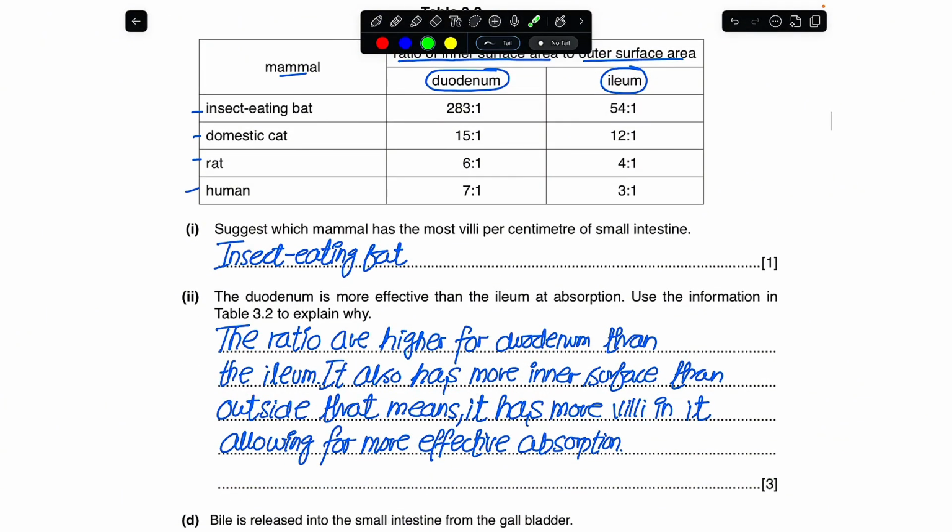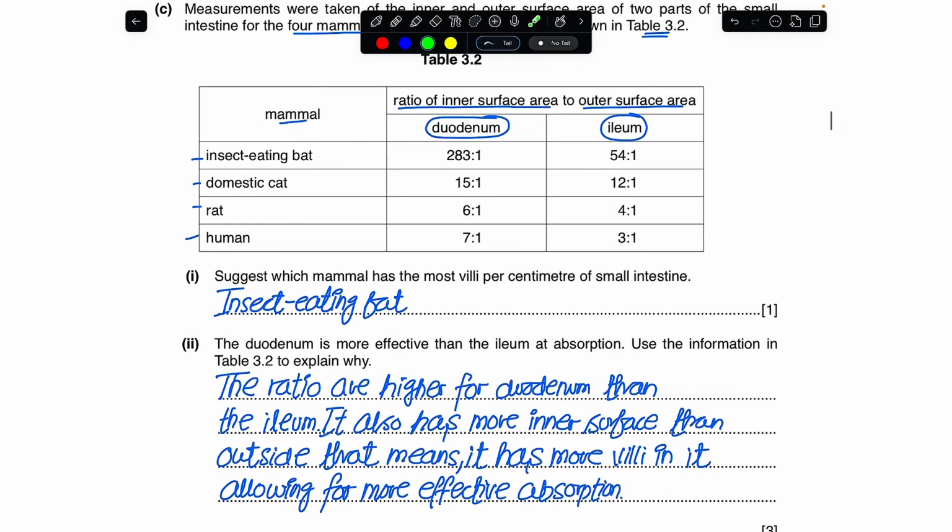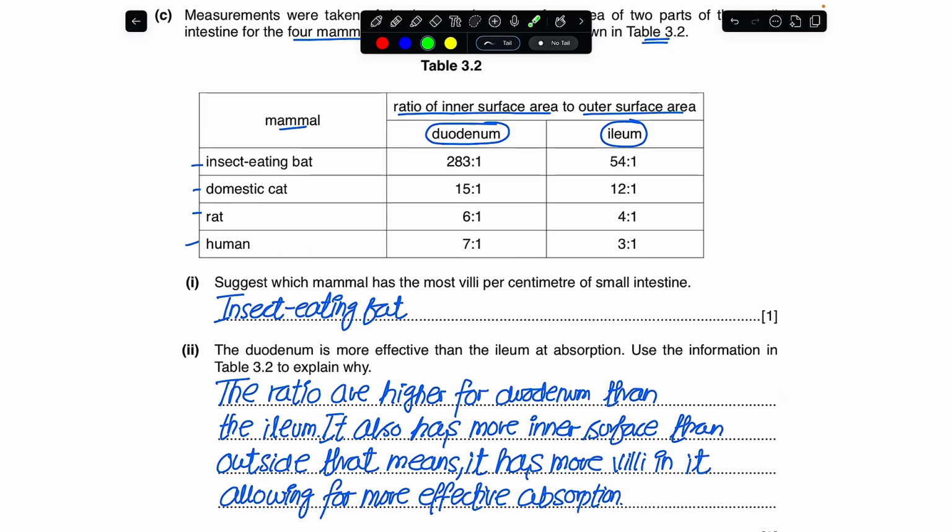Another question, for 3 marks, says the duodenum is more effective than the ileum at absorption, and we need to use information available in figure 3.2 to explain why. We have the ratios for the duodenum and the ileum, and I see that the ratios are far higher for the duodenum of these animal species compared to the ileum.